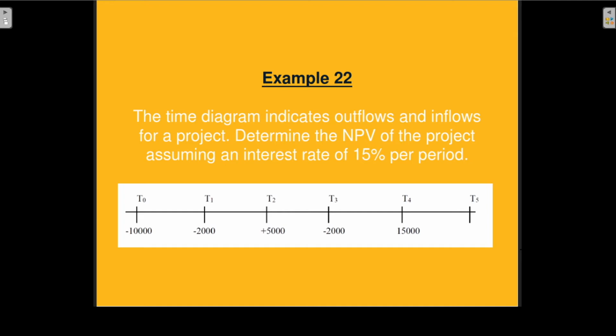And then at the end of year 4, the investor will receive 15,000 rands. And we now want to compare this project to the situation where the investor will invest this money in a bank account at an interest rate of 15% per annum. Okay, so let's first do it by hand.